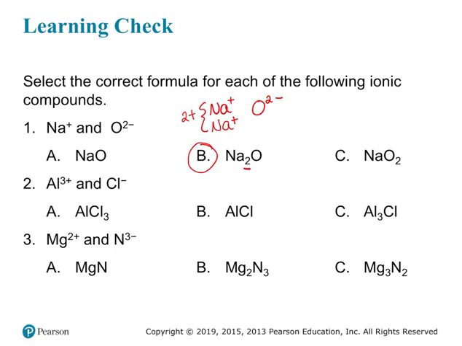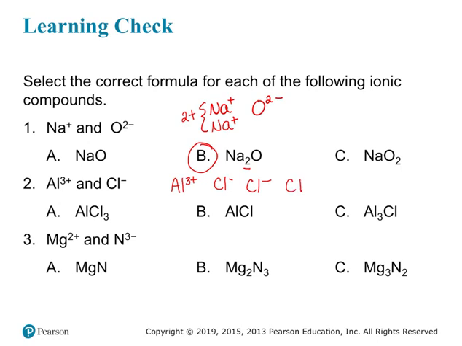Okay, so initially if we just have Al3+ and Cl-, those charges don't cancel each other out, right? So we would have, let's see, 3 minus 1 is a 2+ charge left over. So let's put another chloride ion there. Okay, so we have 3+ and then a total of 2-, so that still doesn't cancel.